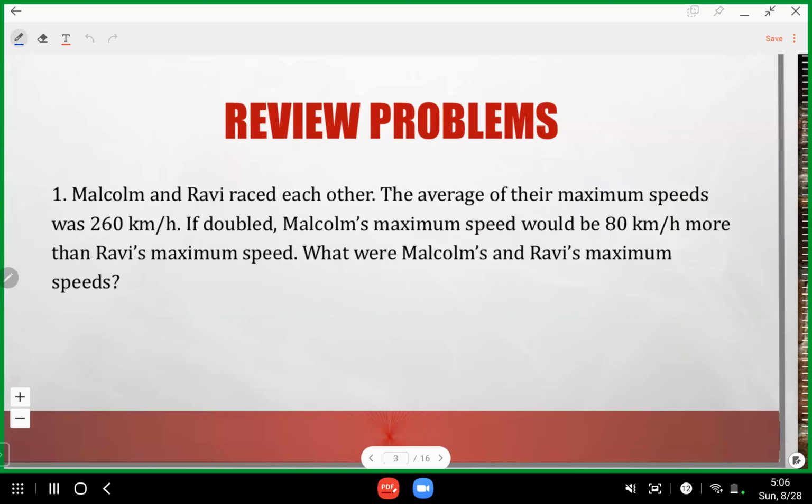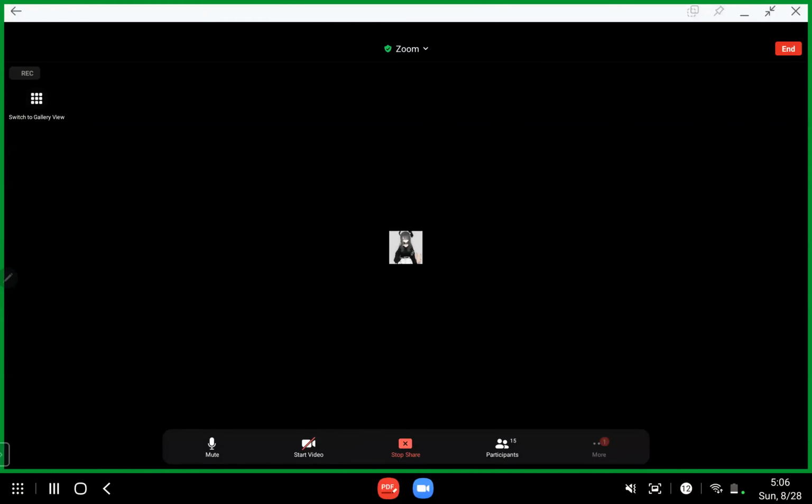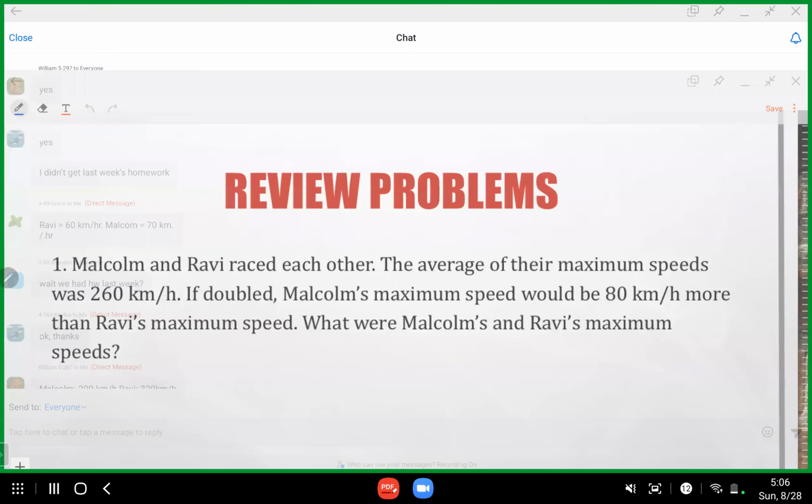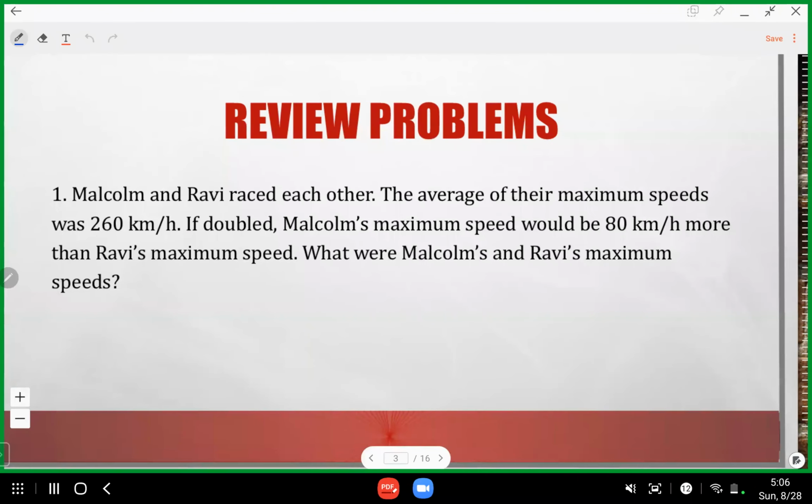So Malcolm and Ravi raced each other. The average of their maximum speeds was 260 kilometers per hour. So Grace's answer is not very reasonable, right? Because if you add your answers up, 70 and 60, you get 130.